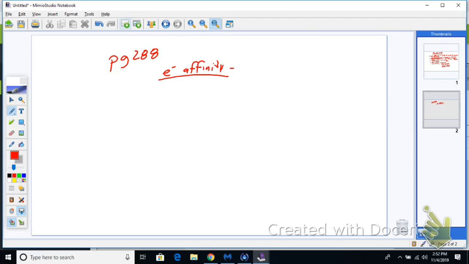The actual definition is given there. It says the energy change associated with an addition of an electron to a gaseous atom. So it's a change of energy that takes place when an atom pulls in an electron.